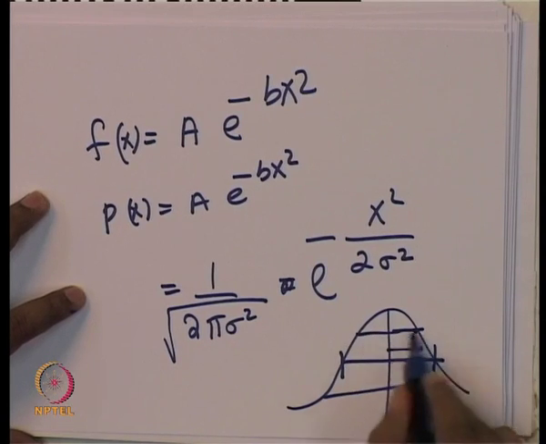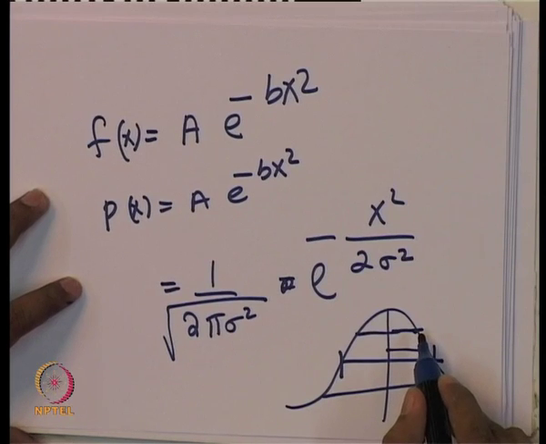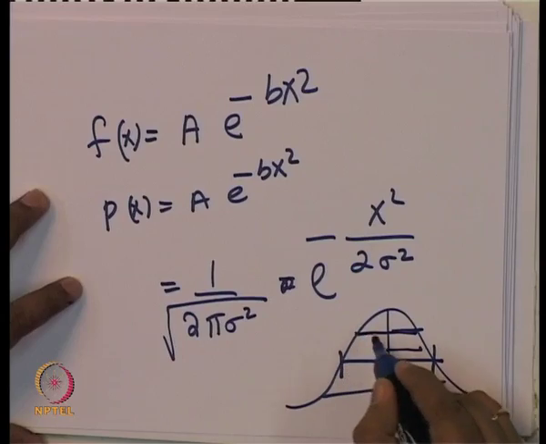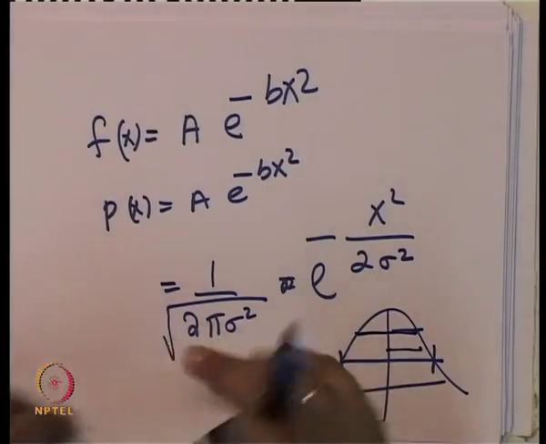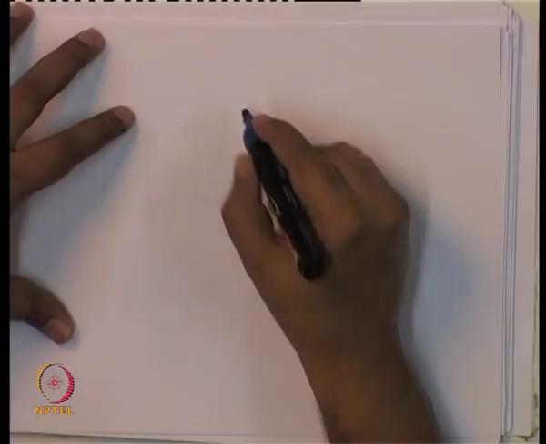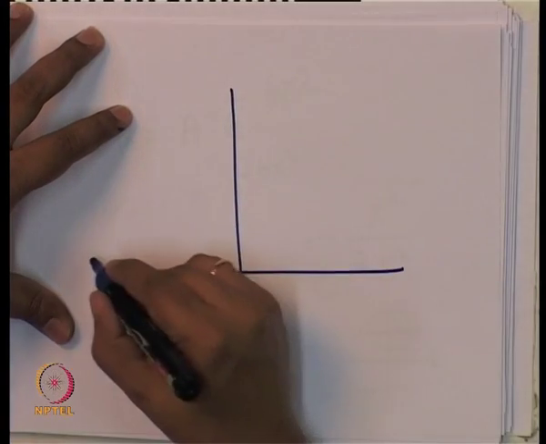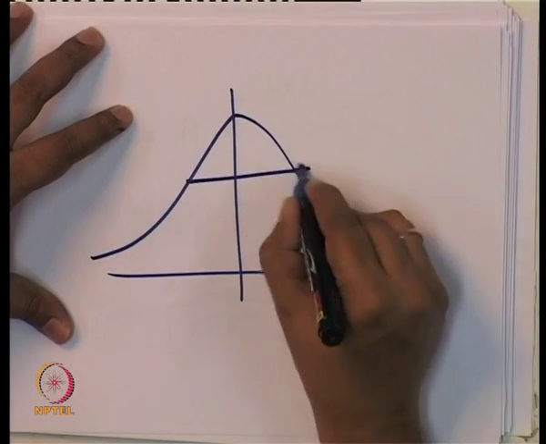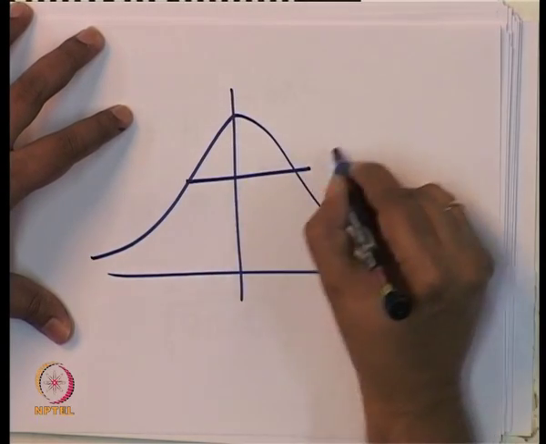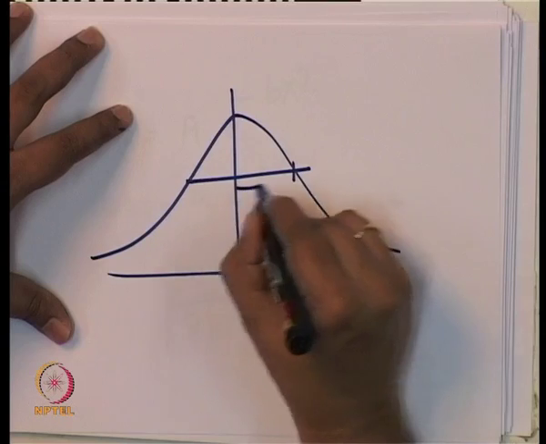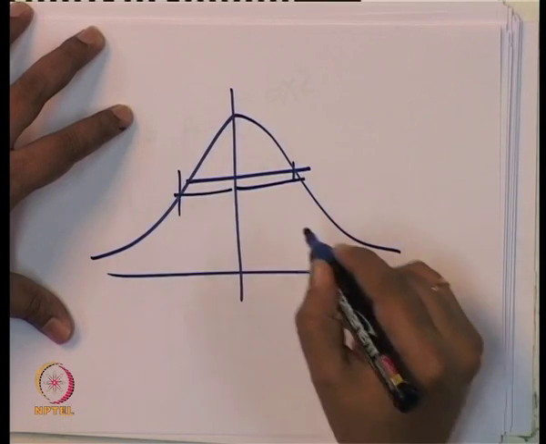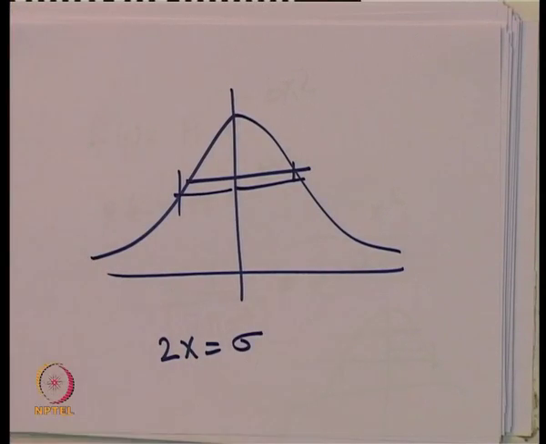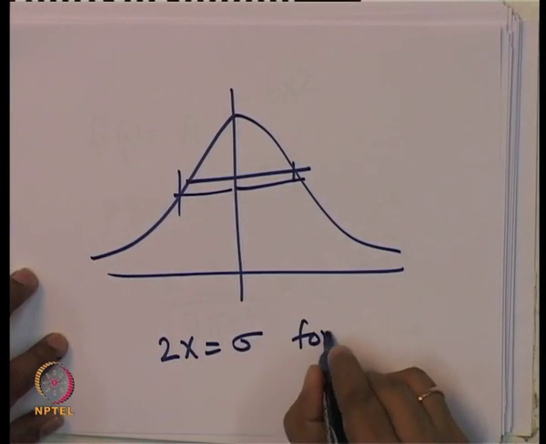So, we want 2x to be sigma for a particular value of y. For a given value of y, this is x and this is also x, so we want the distance 2x to give sigma for that value of y.